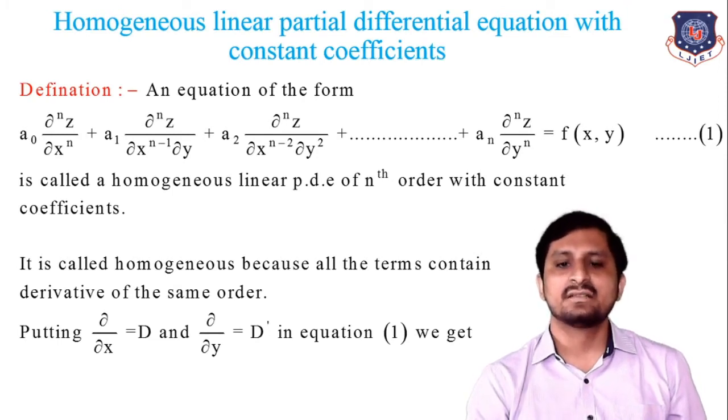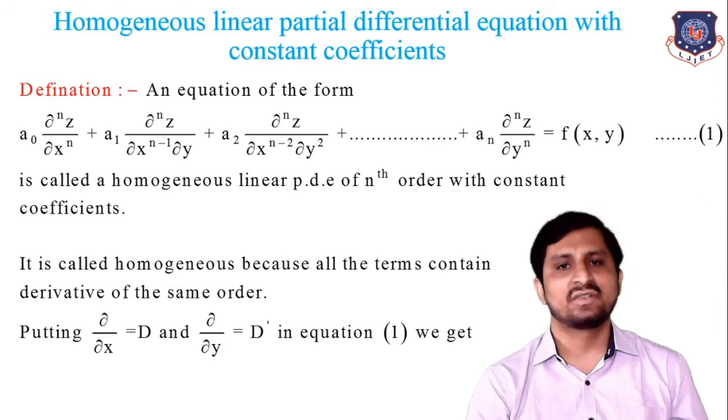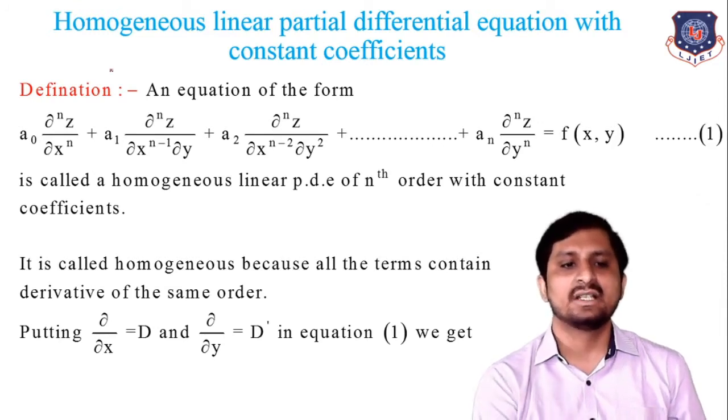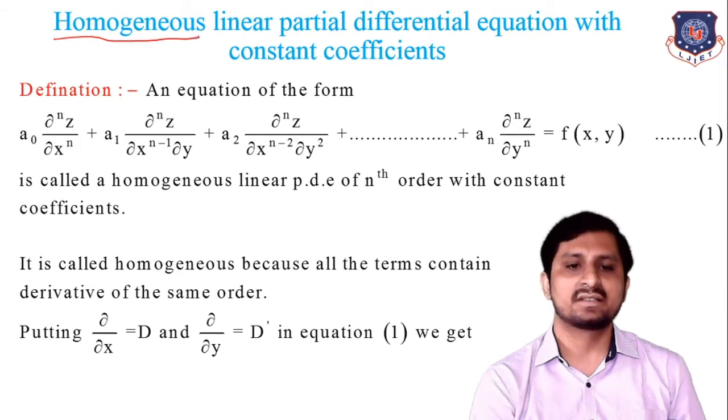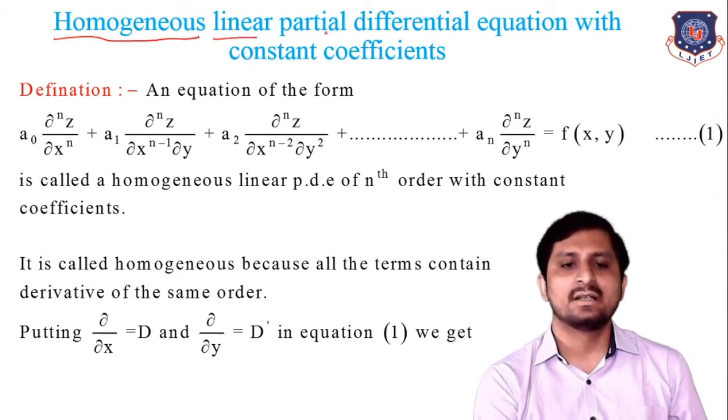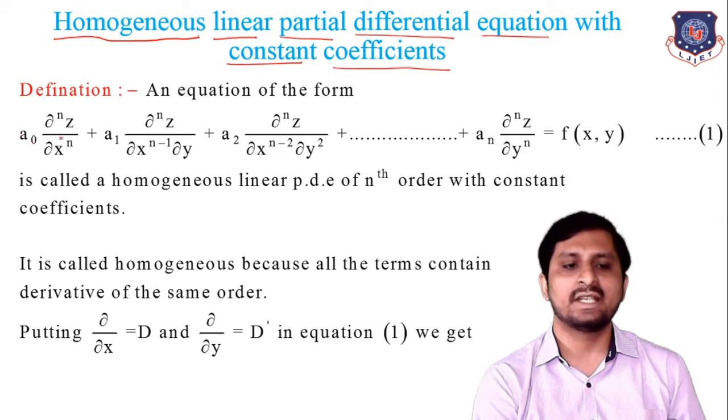homogeneous linear partial differential equation with constant coefficient. So first of all, try to understand the concept of homogeneous, right? First word is homogeneous. Second is linear partial differential equation, with constant coefficient, so you can understand that all of a0, a1, a2 up to an are constant coefficients.